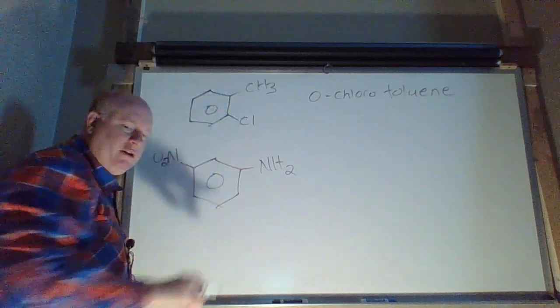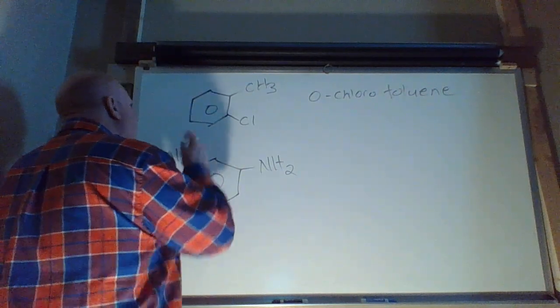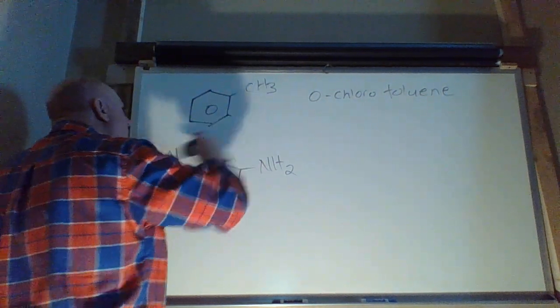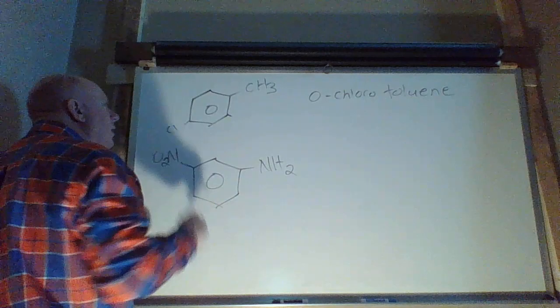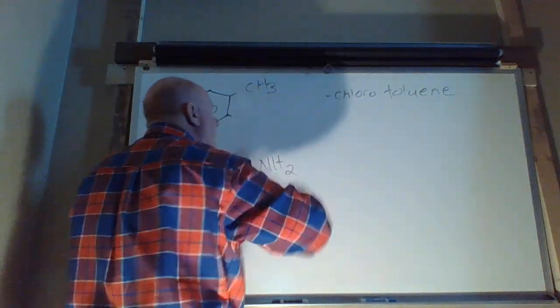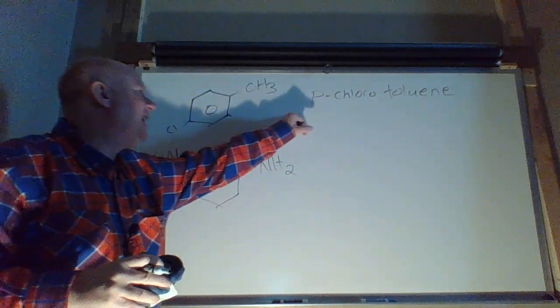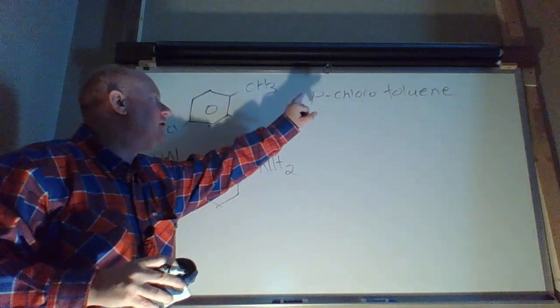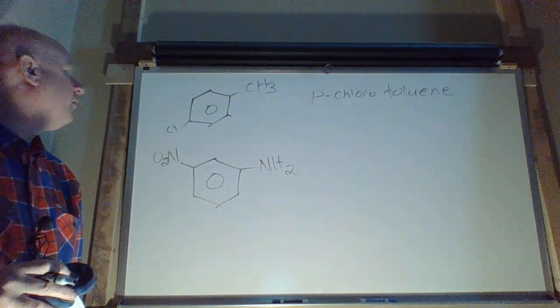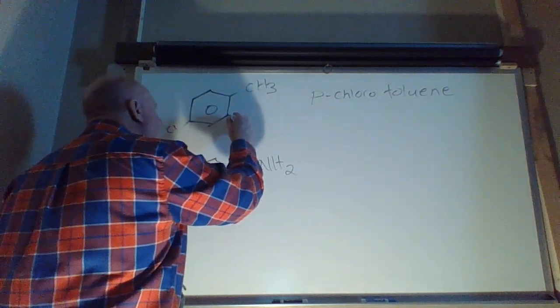And then your other product that you had in that reaction, when it was straight across, would be this here. Now we would just change that to para-chlorotoluene. Because when you're using these letters, you're just designating them as a substitute for the numbering system. But what happens if you have both of these on here?